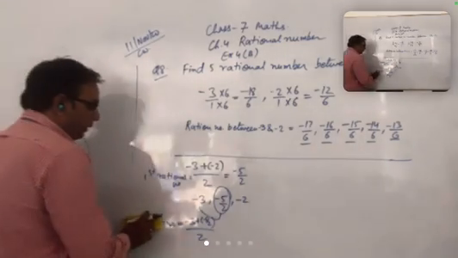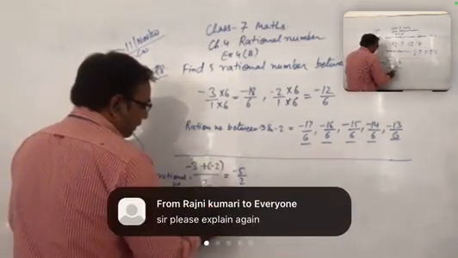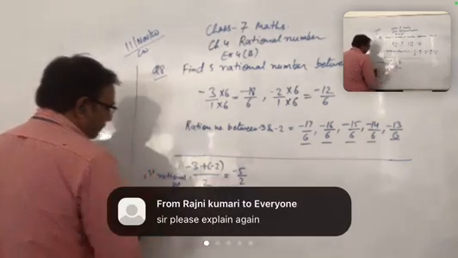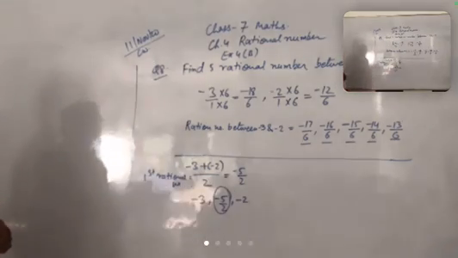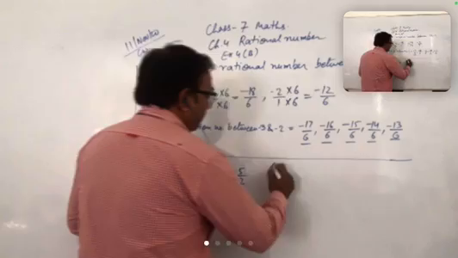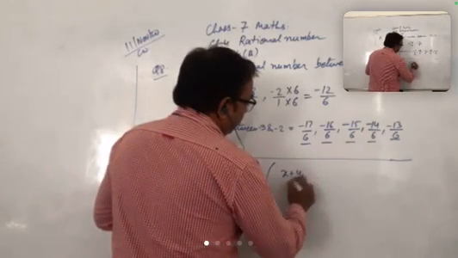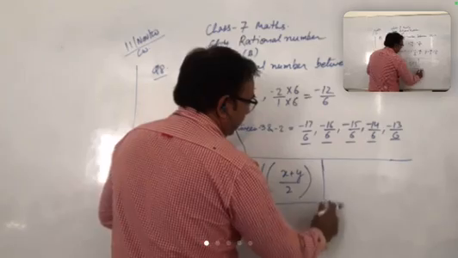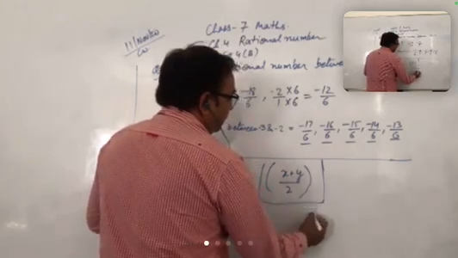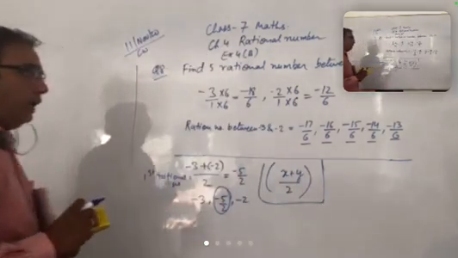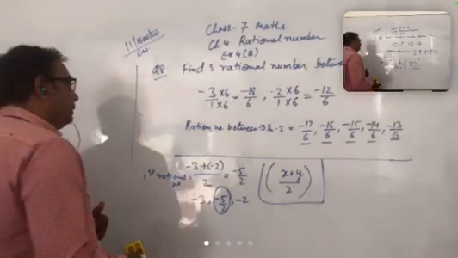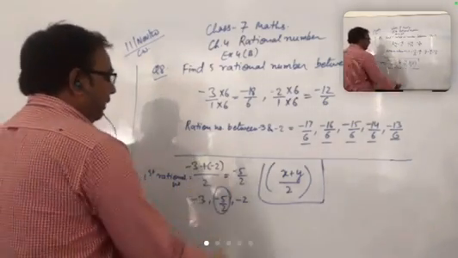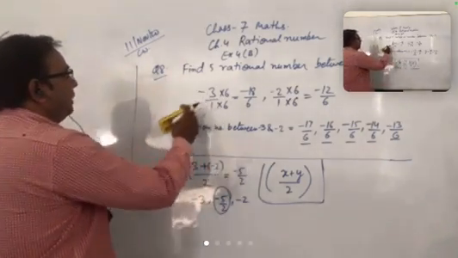This is the way to find the answers that match the back. You can use the formula: for two numbers x and y, x plus y upon 2. If you use this method, you get the same answer that is given in our answer portion. But this is a little difficult to calculate, so you can use the earlier method only.